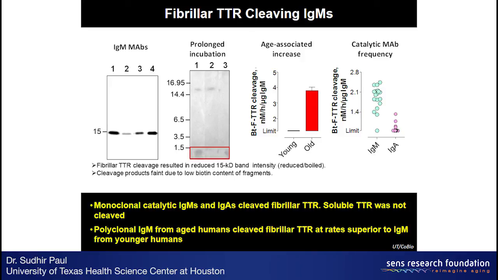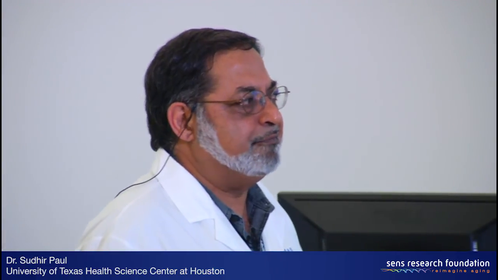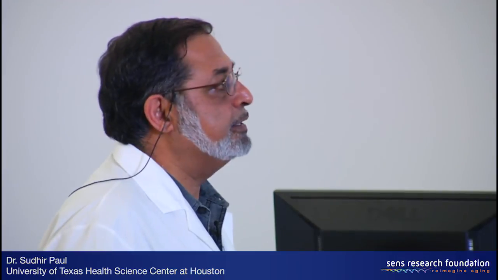A few IgAs with catalytic activity were also found, and IgGs are minimally catalytic. Soluble transthyretin was not cleaved by the same antibodies that cleaved the fibrillar form. So here we have an example of antibodies that are specialized to recognize the pathogenic fibrillar form of the transthyretin.